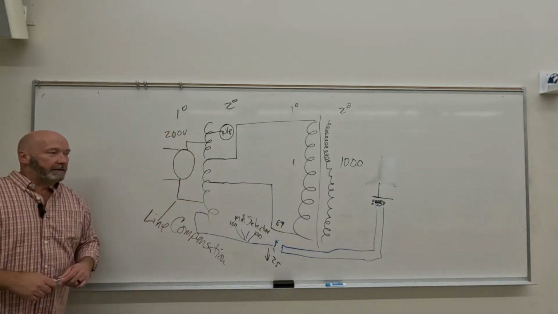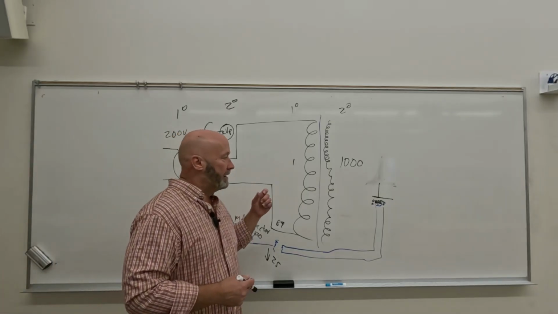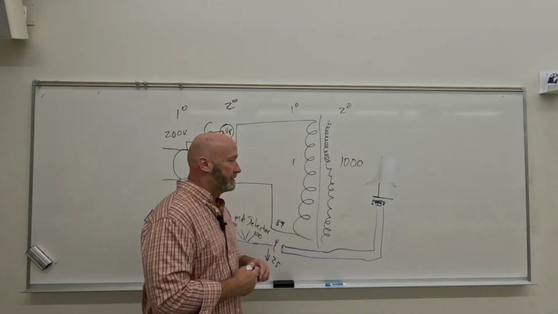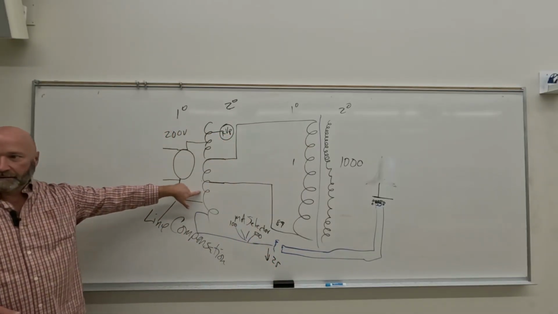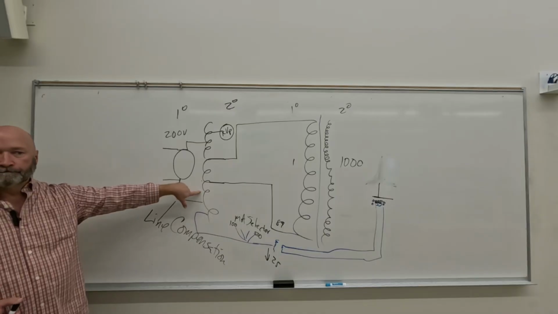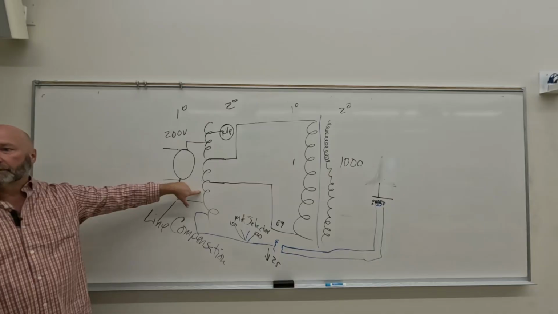The most complicated thing that we're going to talk about in this section is this, okay? So what do we have to make this transformer work? We have to have electric current, but that only tells half of it.